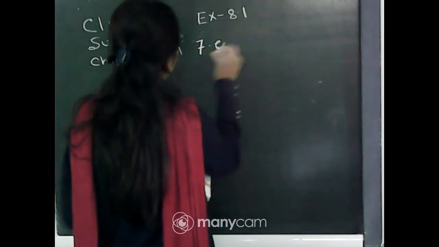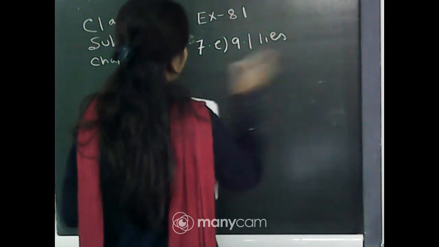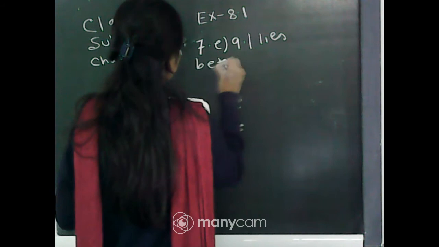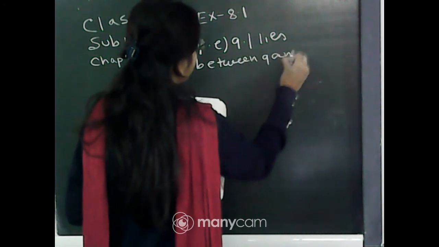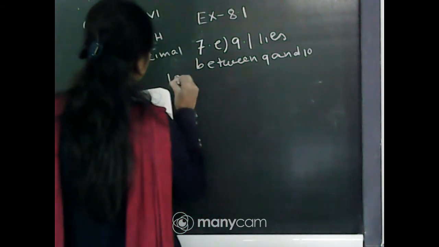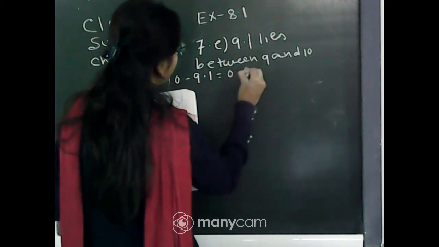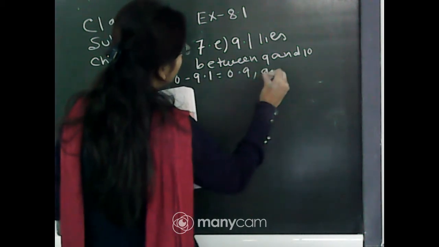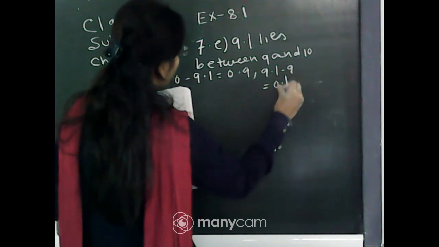The number 9.1 lies between 9 and 10. Also, 10 minus 9.1 is equal to 0.9 and 9.1 minus 9 is equal to 0.1.